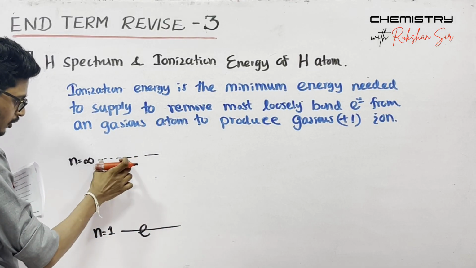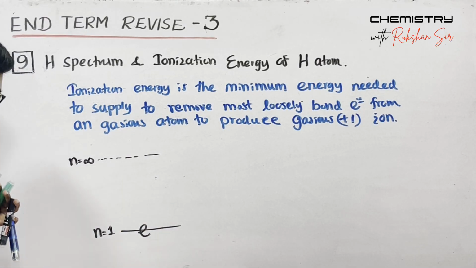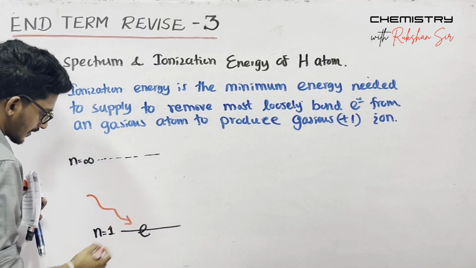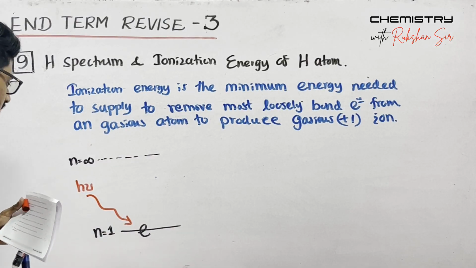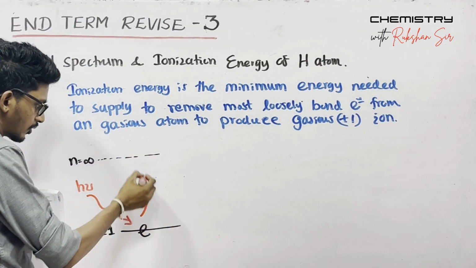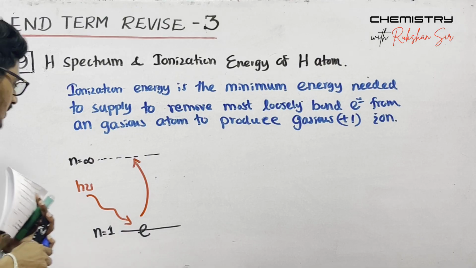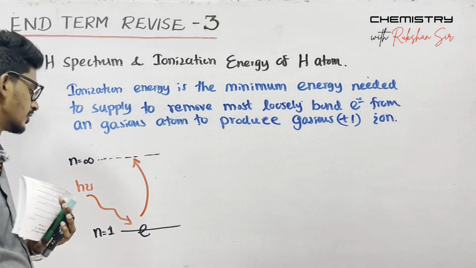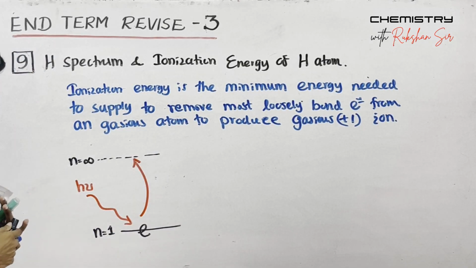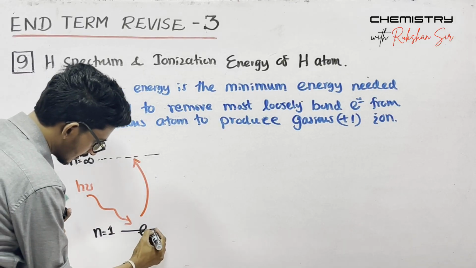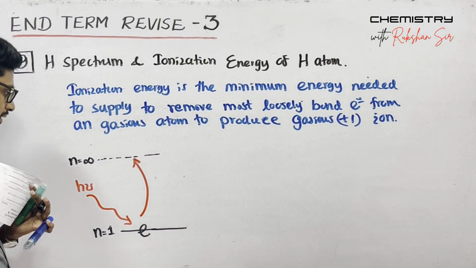That is when the ionization occurs. As a radiation, you could apply the energy to put this electron to n equals infinity. Then the ionization occurs and the electron will eject from the atom. That is what is meant by the ionization, and this energy is referred to as the ionization energy, right?